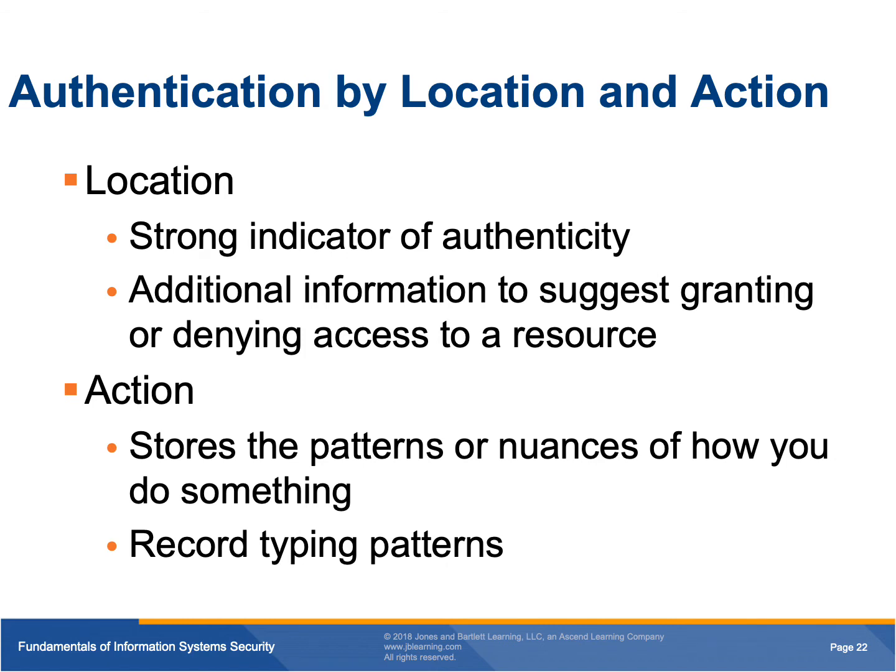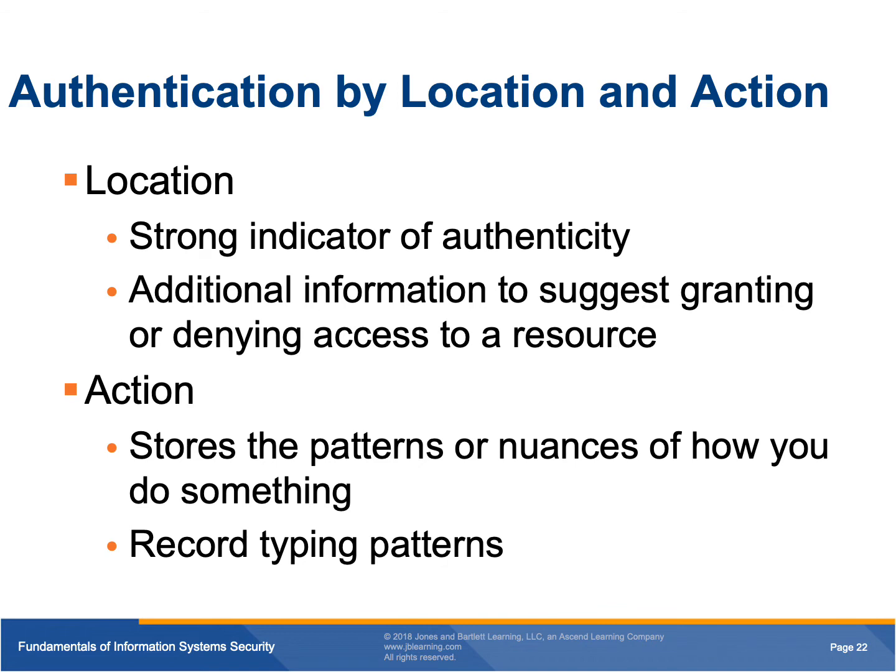Authentication by location and action. If you are in a particular place, there's a good chance that this indicates that you are who you're supposed to be. And so it may be a good additional way to add a layer to that. It means you must have physical access to a particular place. And then based on that and additional information, maybe an access card plus physically being in the building plus a retina scan.